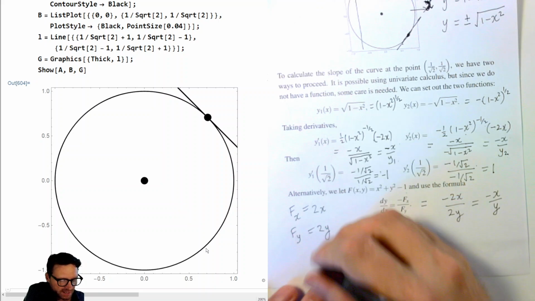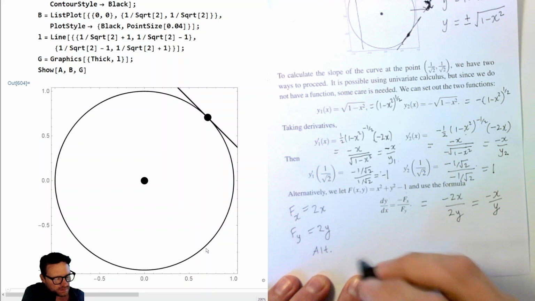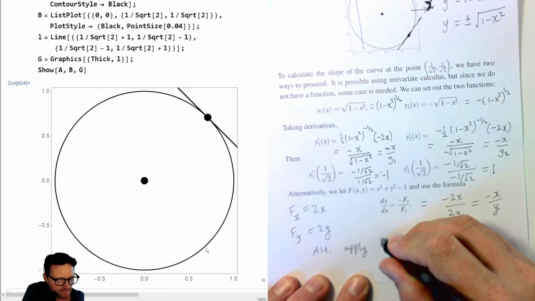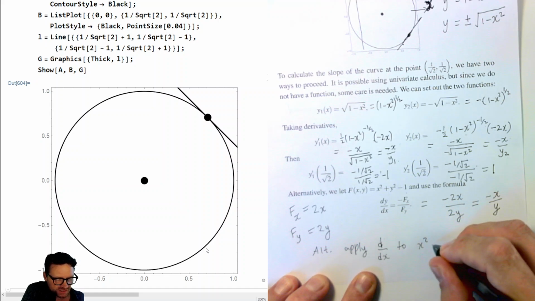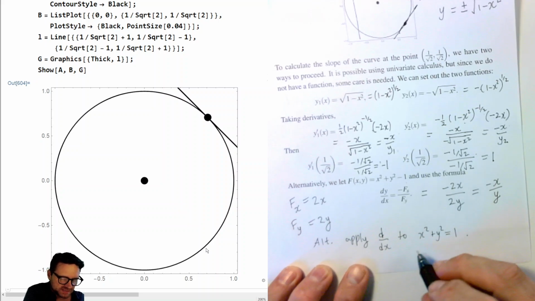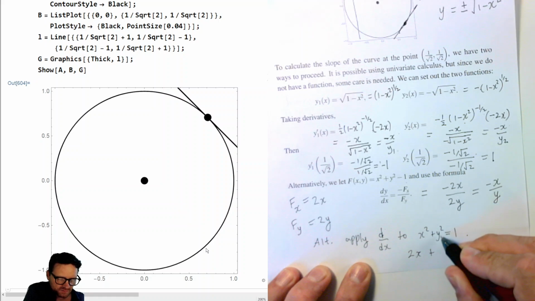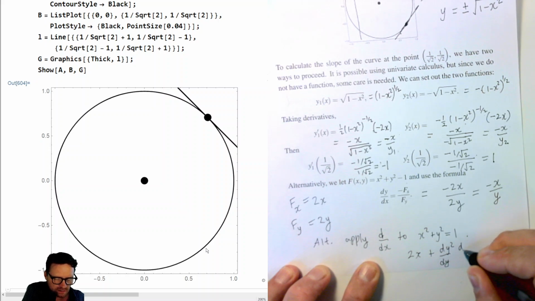So let's say alternatively again, apply d/dx to the equation. Okay, and what happens is we get, for this derivative, 2x, and then for that derivative, we need to use the chain rule, so that's d(y squared)/dy times dy/dx.